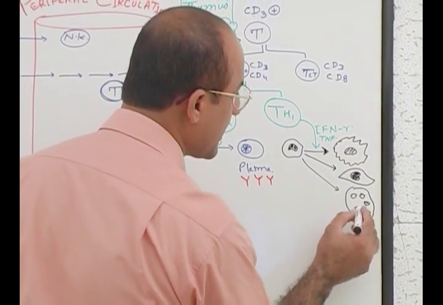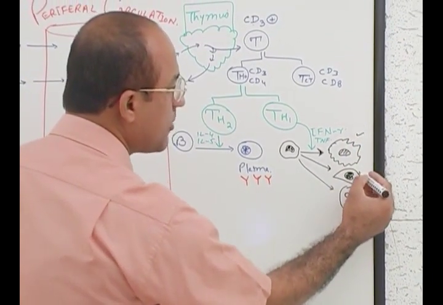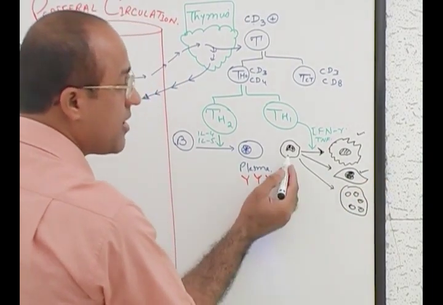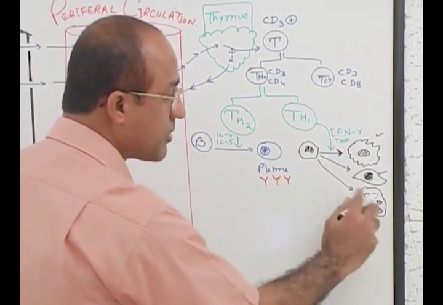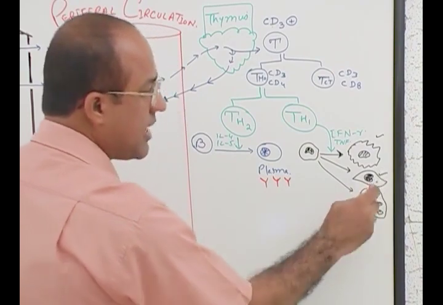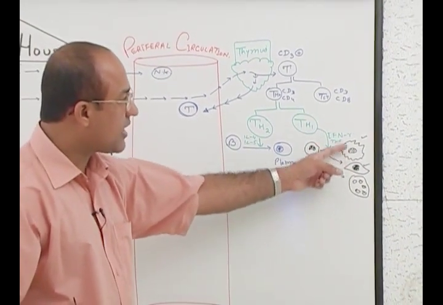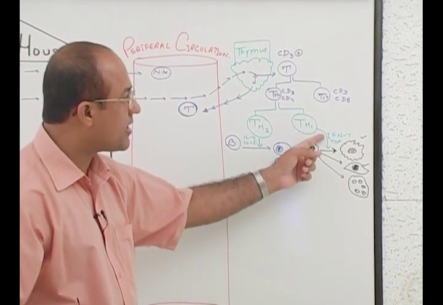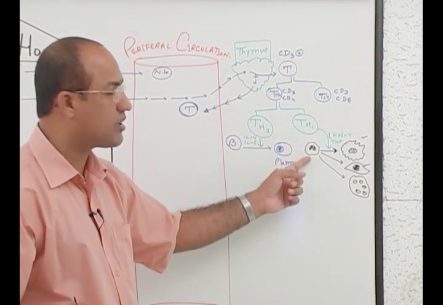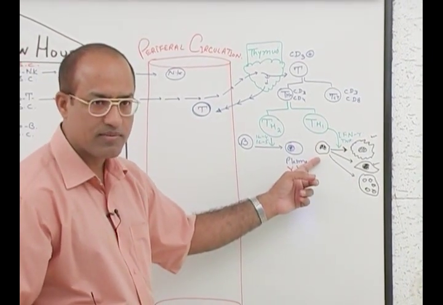And you must be knowing that activated macrophages and epithelioid cells, which are modified macrophages, or giant cells which are produced by the fusion of epithelioid cells, right? All these cells are produced by the action of gamma interferon and tumor necrotic factor on the macrophages.